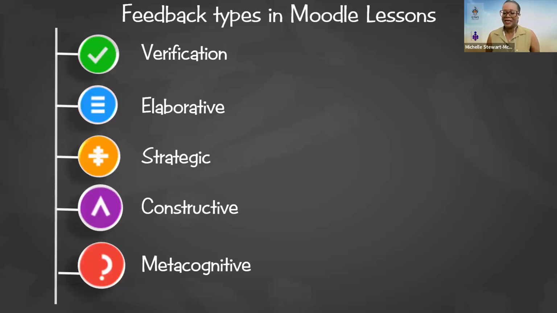You can say, while leaderboards do indeed motivate some students, research within the Caribbean context shows that collaborative achievements often work better because, and then you may give a short reason why, and then prompt the student to consider looking at this particular area. So yes, that's elaborative. What about strategic and constructive?